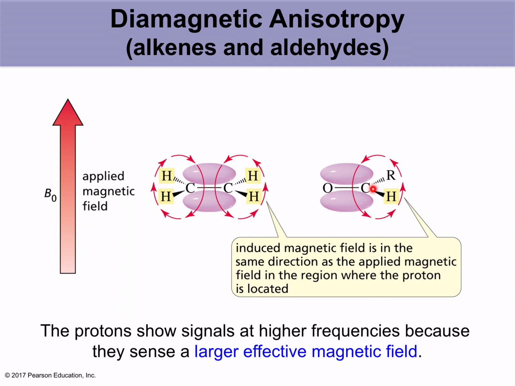It also orients in the same direction as the applied magnetic field. You see the same orientation. These protons too show signals at higher than expected frequencies. Because of that, alkene hydrogens and carbonyl hydrogens, like in an aldehyde, appear at a higher frequency. The induced magnetic field is in the same direction as the applied magnetic field in the region where the proton is located.